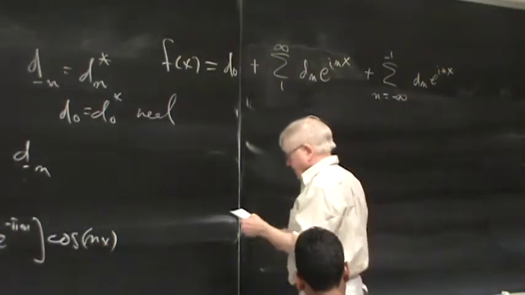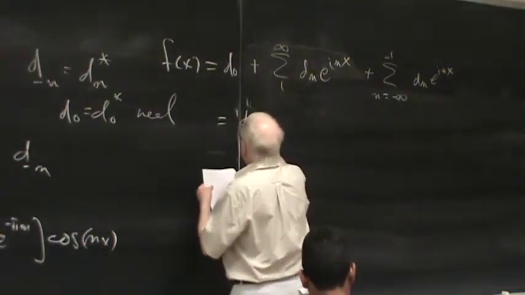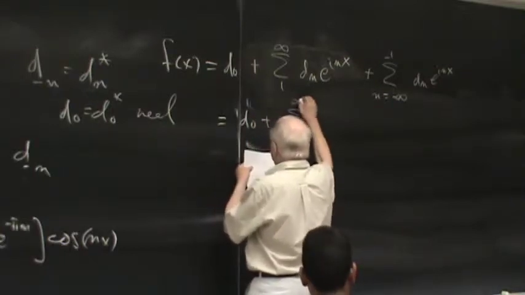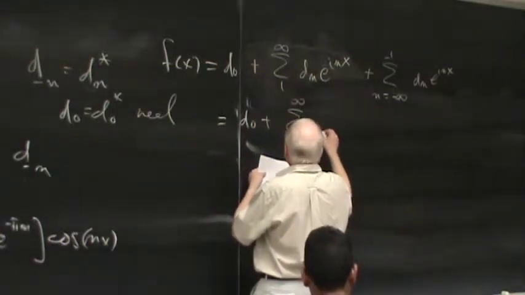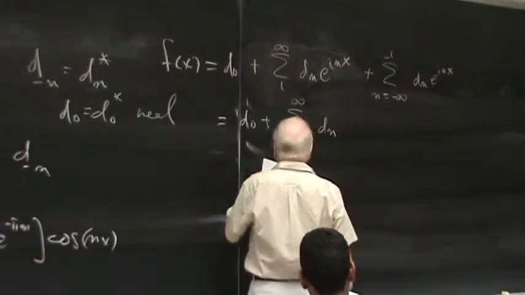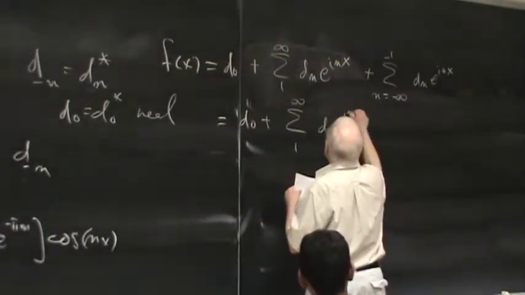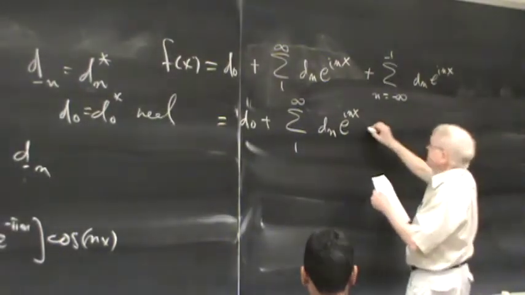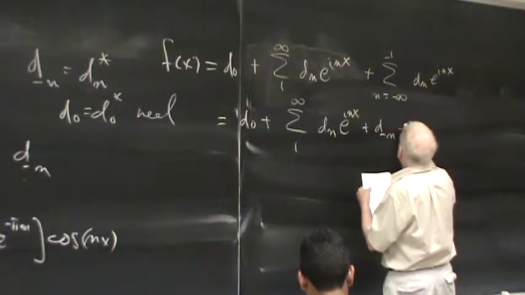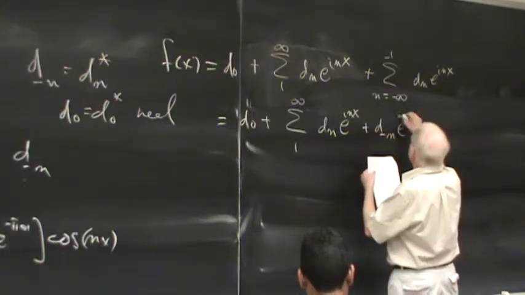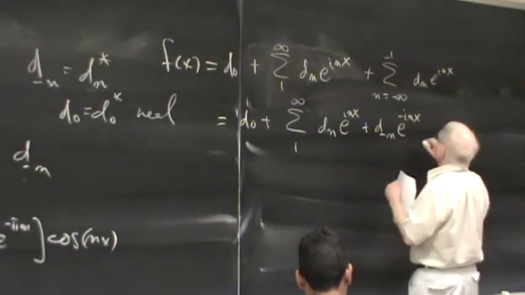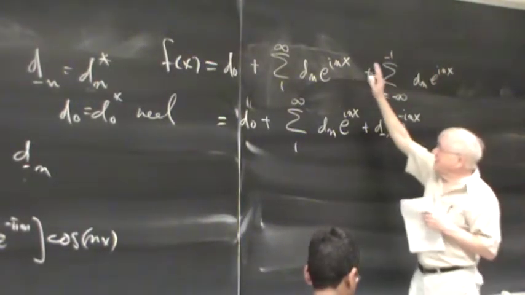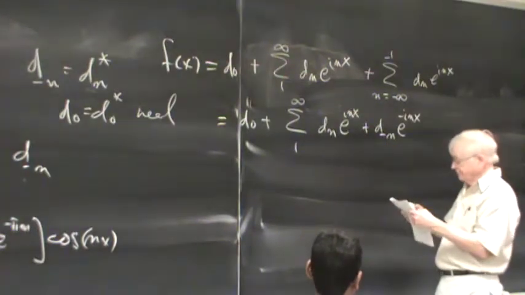And now we can rewrite that as d0 plus the sum from 1 to infinity of dn e to the i n x, and then these guys would be d sub minus n e to the minus i n x. So if we flip n to minus n, this series can be combined with that one in this way.